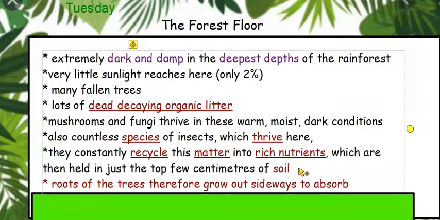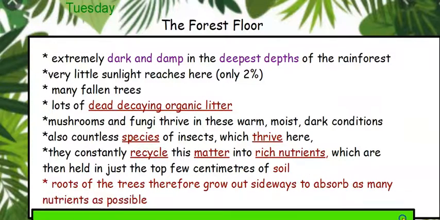Pop that in there, as many nutrients as possible. Now normally tree roots grow down to provide support for the tree, and they want to seek water, but actually they don't need to go too deep in the rainforest to find water, as most of it's sitting on the top, and we've got those rivers and streams running through the forest as well.